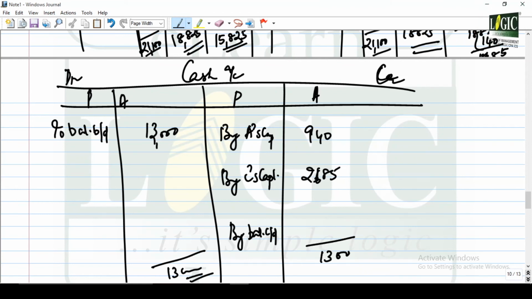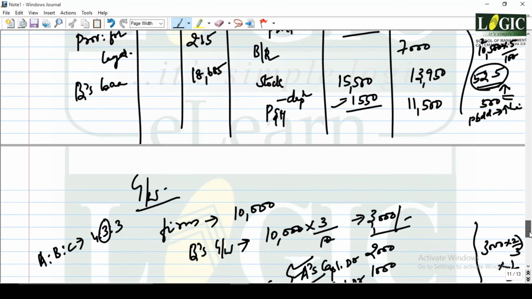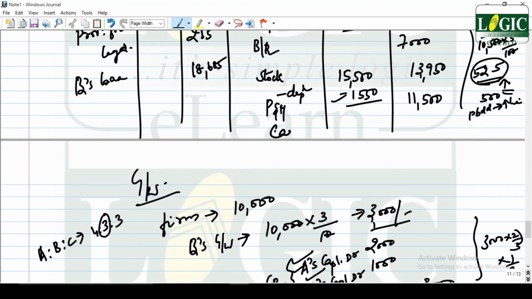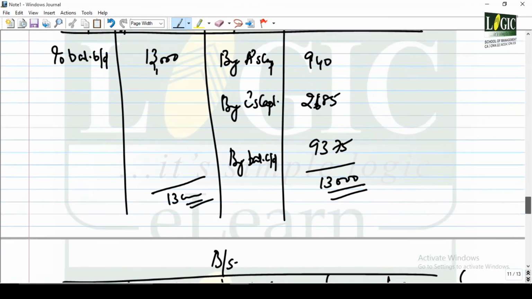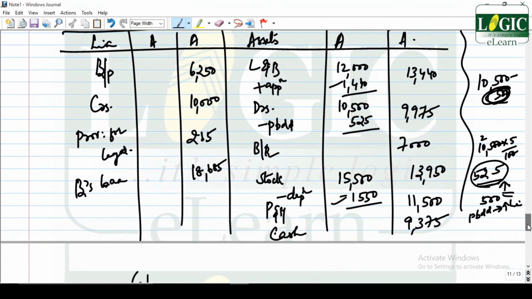Heavier total 13,000 minus 2,685 minus 940, that is 9,375 is the balance. Now this cash balance should come in the balance sheet on the asset side. Cash 9,375. So we try to incorporate everything given, including the adjustments.